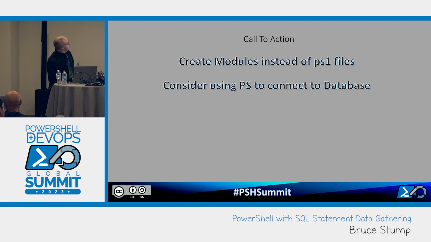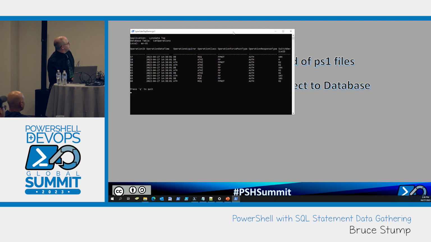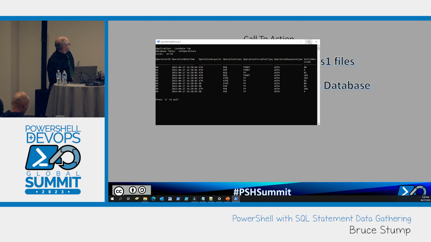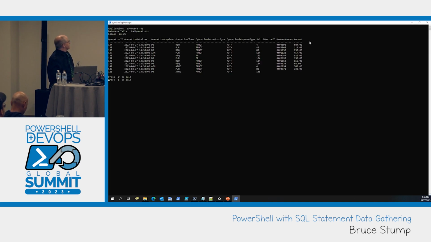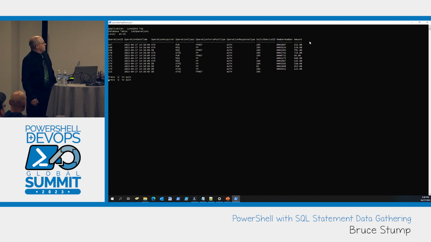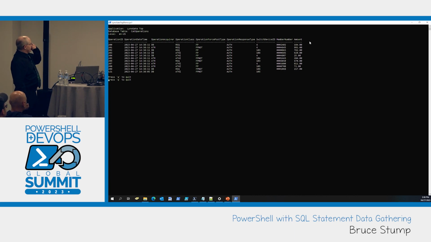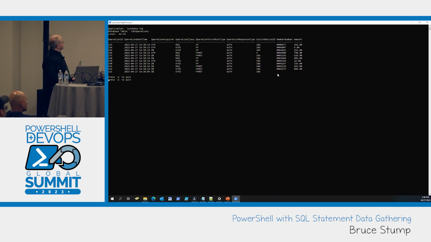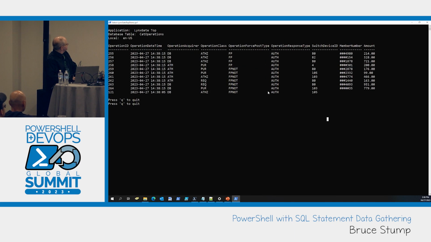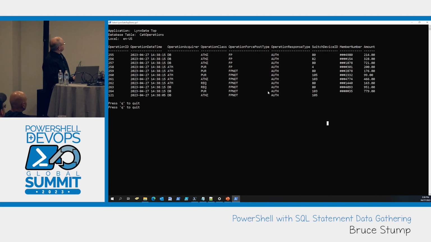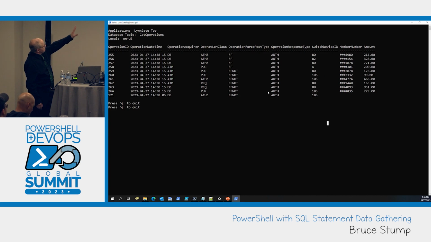Here's this Linkscape demo top process that just shows the transactions coming in real time. It's a test. There we go. That might be easier to see. But you can see the processes coming in. Test member numbers, amount, operation ID, all the same data that we would have in production, but this is all in test within PowerShell.